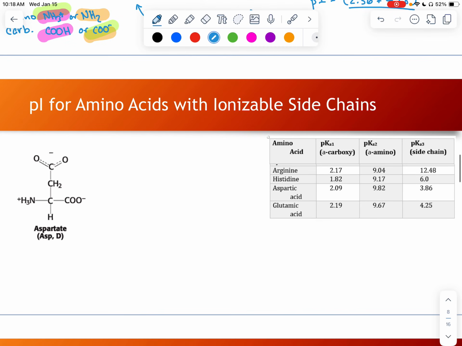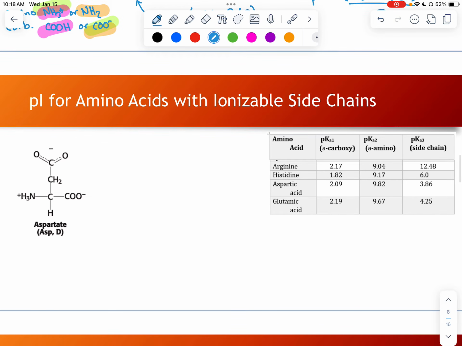All right, let's look at one with an ionizable side chain. Much more fun, right? A challenge. So now if I look at this, I have 3 different pKa's.